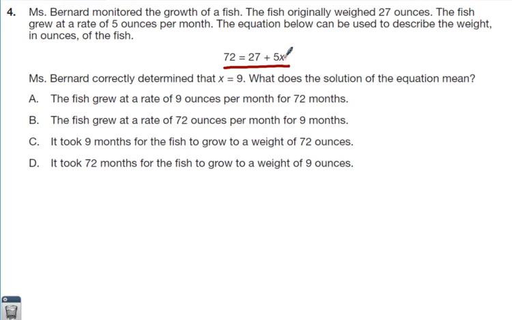Wouldn't you multiply the number of months times 5? So x is definitely representing some number of months. And so when you get a solution of x equals 9, that's going to mean 9 months. Okay? And the 72 must be the total, final weight after 9 months. So the choice that says that is C. It took 9 months for the fish to grow to a weight of 72 ounces.